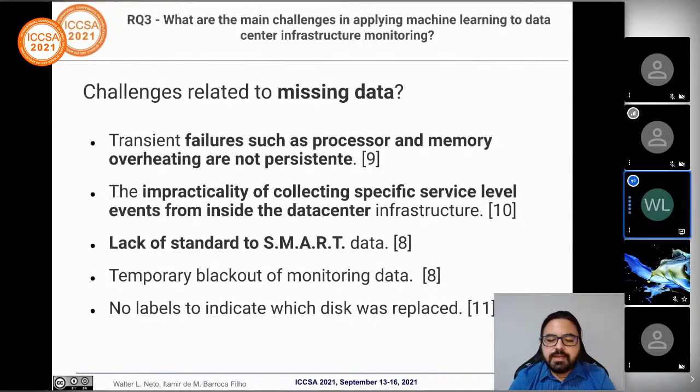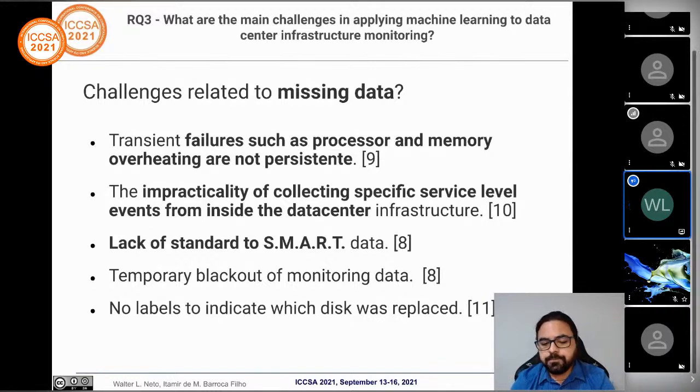And the last group of challenges was called missing data, or challenges related to missing data, where we can see it. Transient failures such as processor and memory overheat are persistent. The impracticability of collecting specific level data events from inside of the data center.